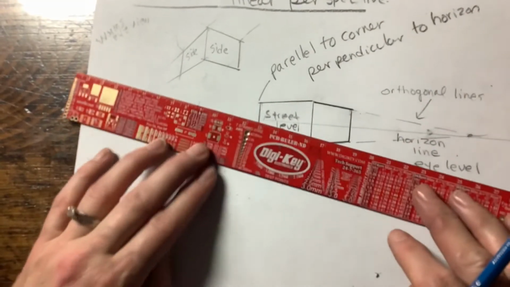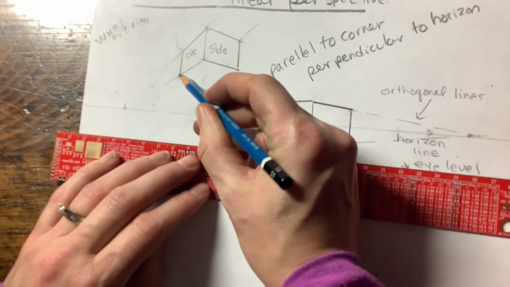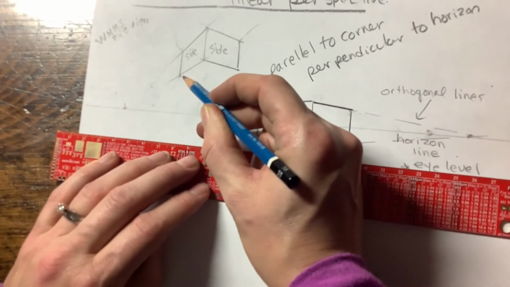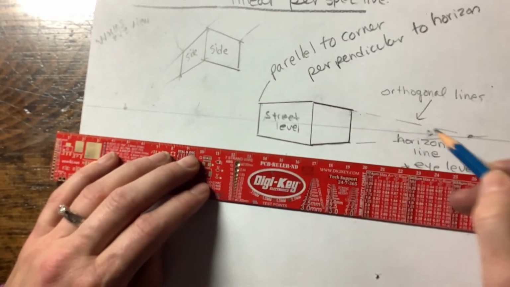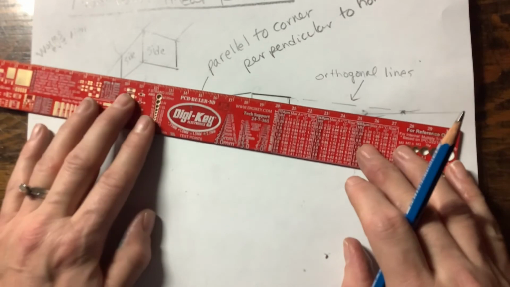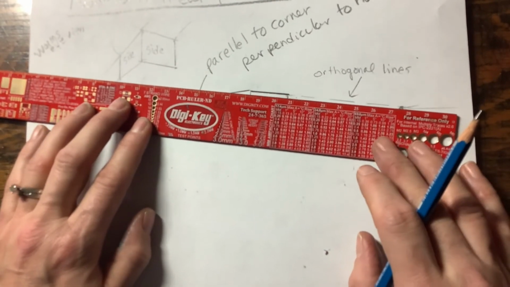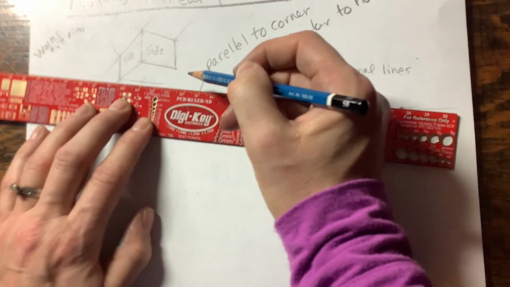All right. So now I'm going to do the bottom. So how do I do the bottom? I need to connect this corner and do the back part, which goes towards the right horizon line. And I could probably stop right there.